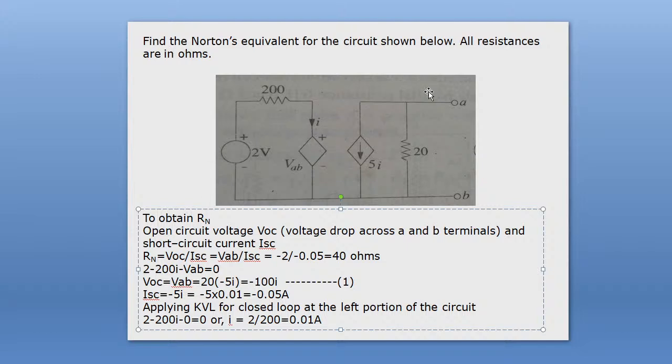Here we have considered this is open, that means VAB exists here, not equal to 0. And I equal to minus VAB by 100.